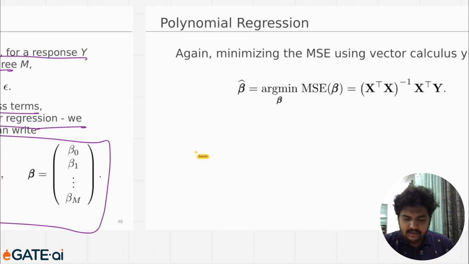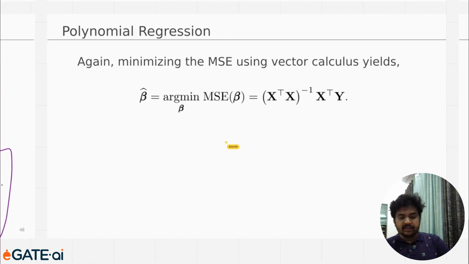Here again, minimizing the MSE using vector calculus yields beta hat, minimizing the MSE of beta, which can be written in this linear algebraic form.